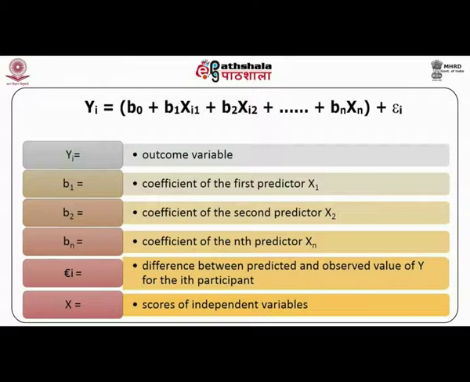So, y is the outcome variable, b1 is the coefficient of the first predictor x1, b2 is the coefficient of the second predictor x2, bn is the coefficient of the nth predictor xn, and e is the difference between the predicted and the observed value of y for the ith participant.